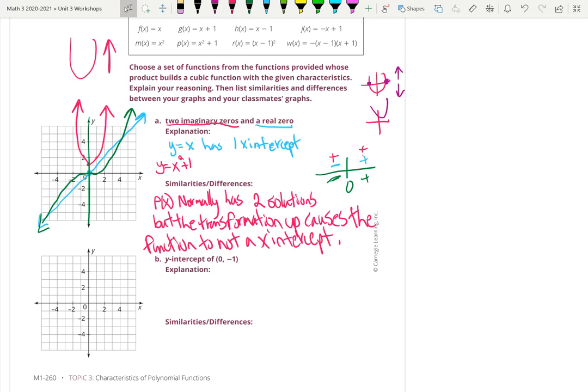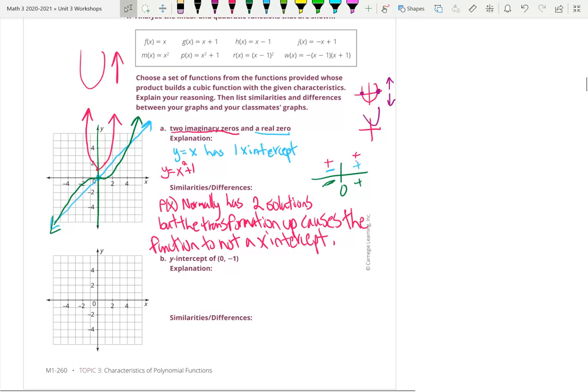Okay, this next one, I need to figure out something where we have the y-intercept of (0, -1). And I also need it to be a cubic still. So a y-intercept of (0, -1). Well, let me pick something with a y-intercept of -1.